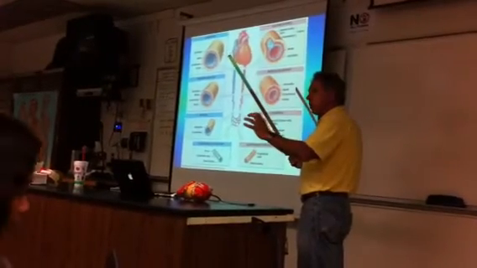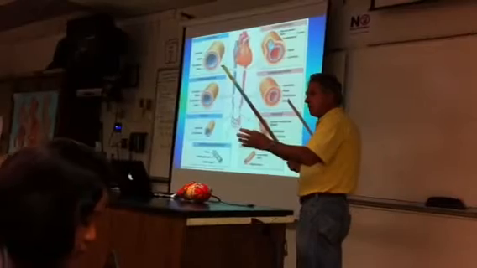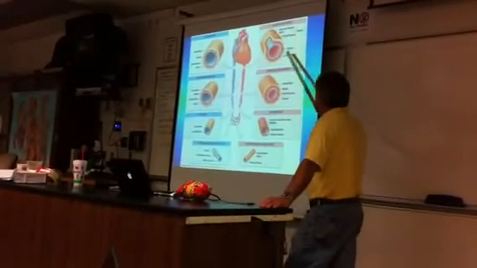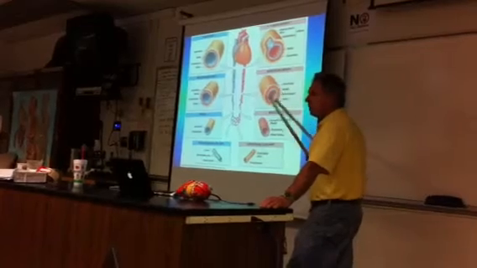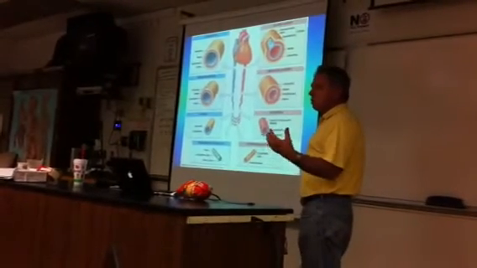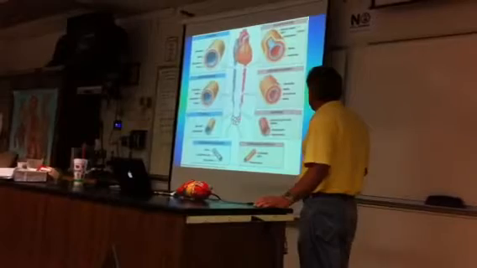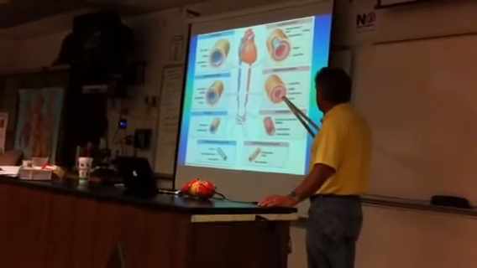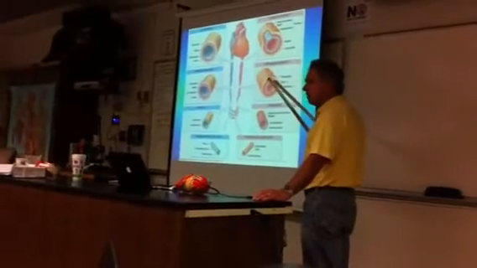But in the smaller arteries, you don't have the elastic fibers because the pressure is not as high. So you go from elastic arteries down to the muscular arteries. These are the major distribution arteries in the body. Again, we have the intima, the media, and the adventitia.